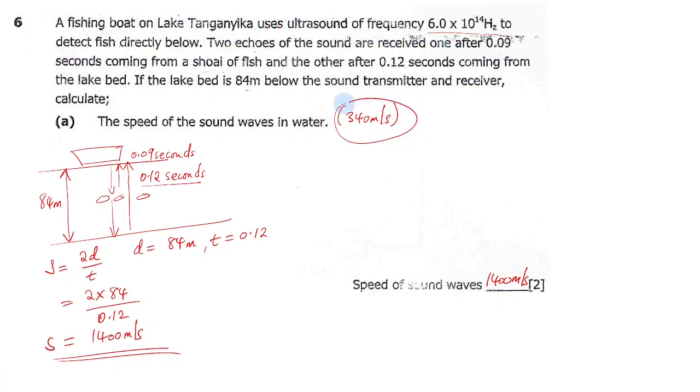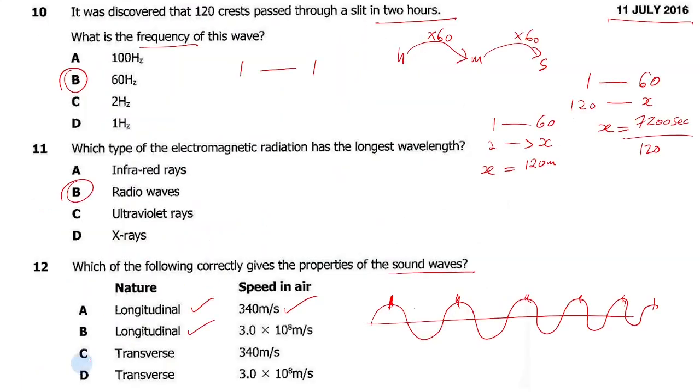Which of the following correctly gives the properties of the sound waves? The nature of the sound wave is longitudinal. The speed of sound wave in air is 340. So the correct answer is A.